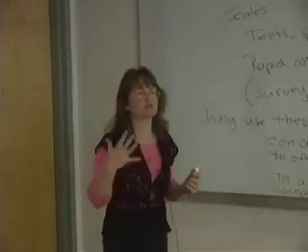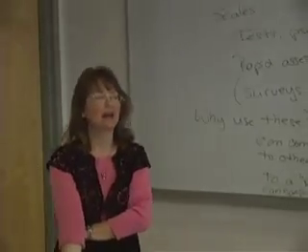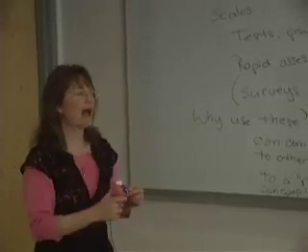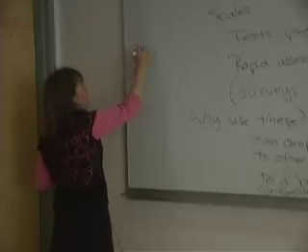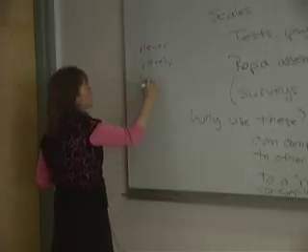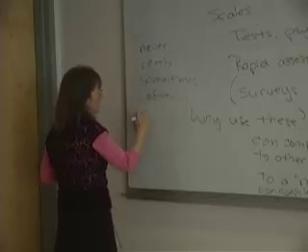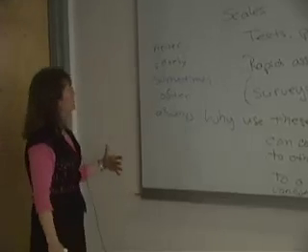So let's say you're asking a question about drinking behavior, and you say, how often do you drink alcohol? And your options are never, rarely, sometimes, often, and always. How often do you drink alcohol?